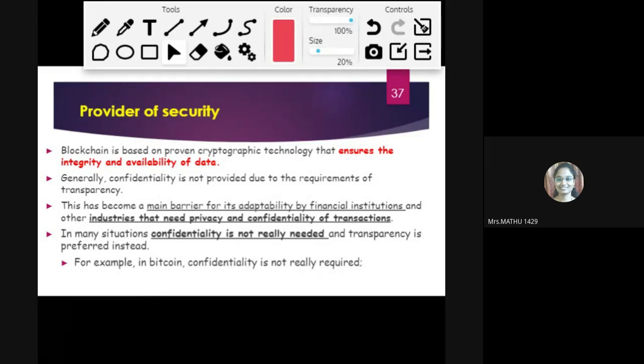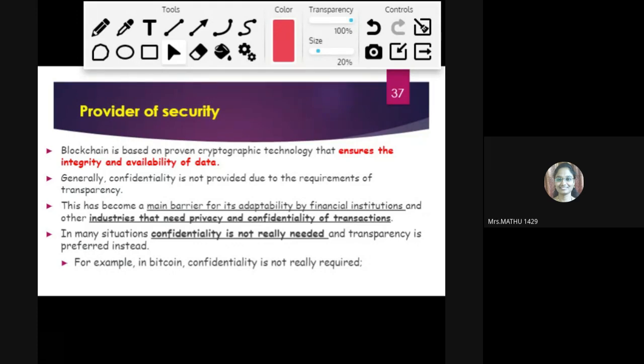The next feature of this blockchain is that it is a provider of security. When we talk about security, the main thing is how secure your data is, and blockchain technology ensures the integrity and availability of data. This is what we were discussing about the thing lacking in distributed systems. In distributed systems we have seen the CAP theorem.